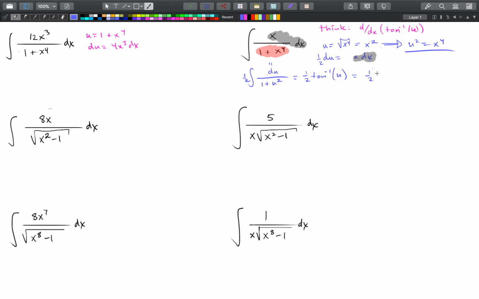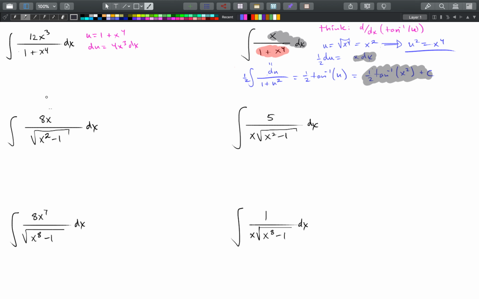So 1/2 arctan, whatever u was, x squared, plus c. So this is the antiderivative of this x over 1 plus x to the fourth.